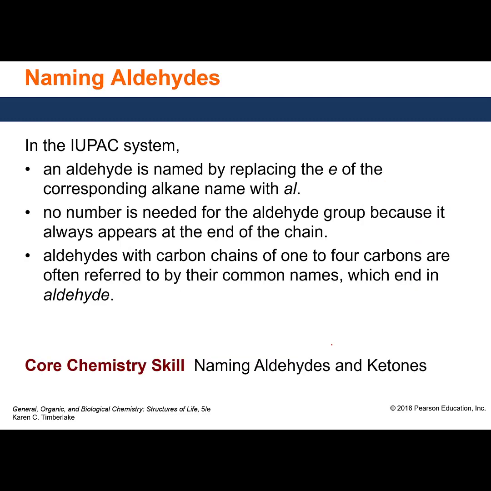So let's get into naming. Naming aldehydes is pretty straightforward. We're going to use the identification of our main chain carbon backbone, and an aldehyde will end in an -al. So if you think of aldehyde starting with an Al, then this item would end in an -al.